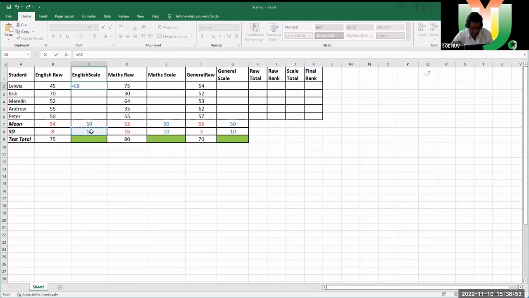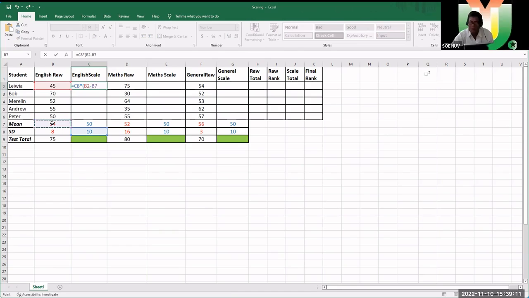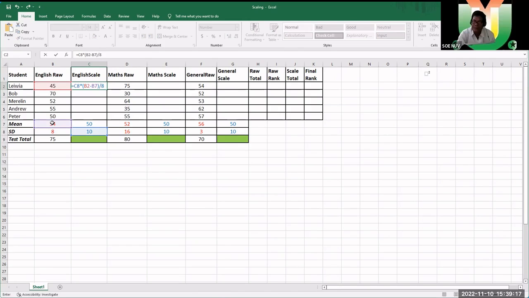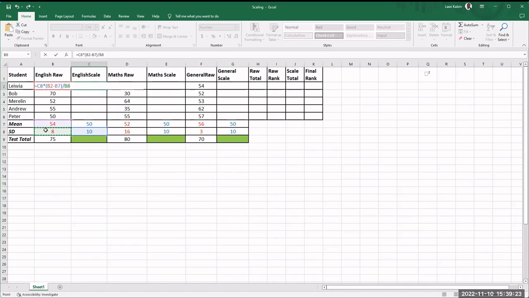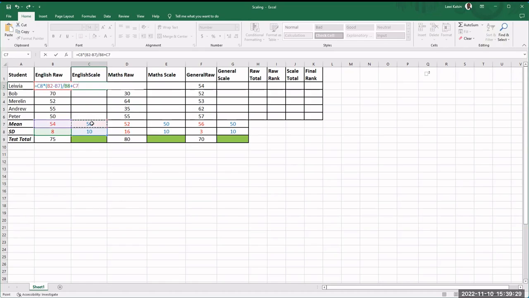Equal 10, and 10 is in C8. Multiply, open bracket, 45, take away 54, close bracket, divide by 8, plus 50. Let's see if it works this time. So the scale score now is 39.